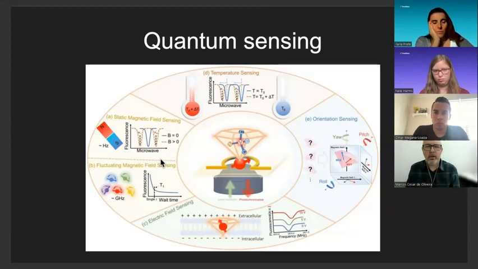If you improve the sensitivity of your system in terms of measurement and detection, you improve the efficiency for sensing things like temperature, orientation, electric field sensing, fluctuating magnetic field, and static magnetic field in general.